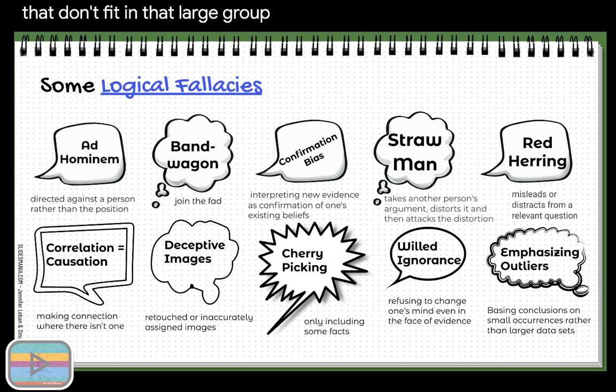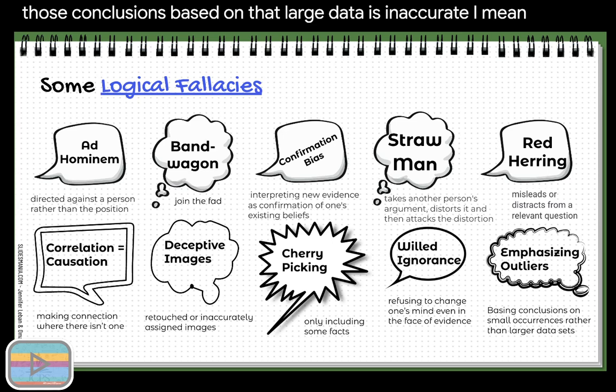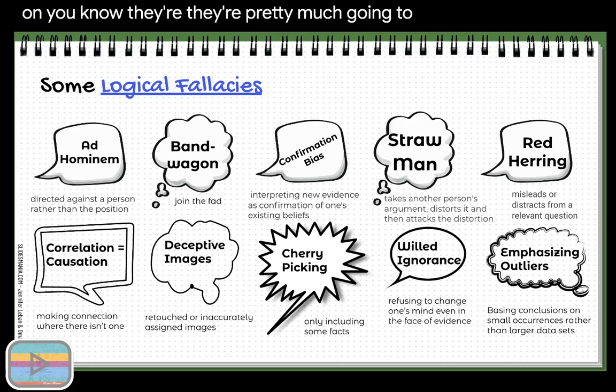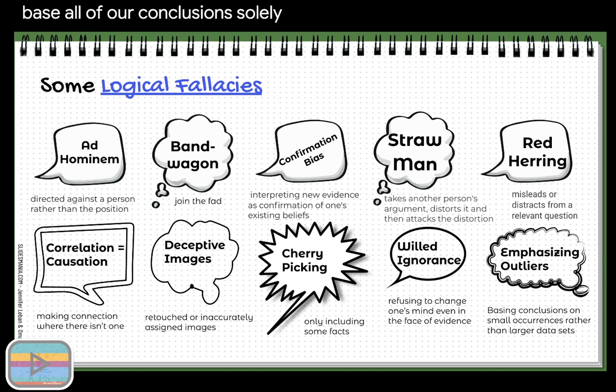But does that necessarily mean that the conclusions based on that large data are inaccurate? I mean, outliers are pretty much going to be there. And I'm not saying we should ignore outliers, but I'm not sure we should base all of our conclusions solely on the small data rather than on the larger data.